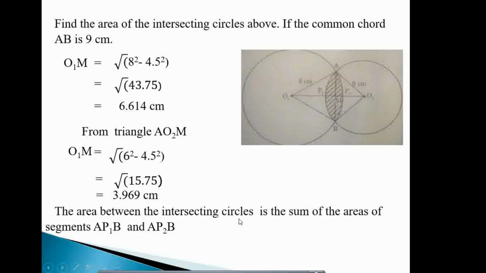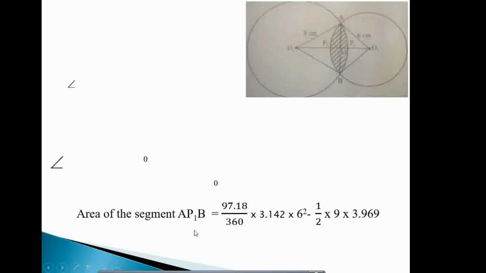Then the area of the intersecting region is the sum of the areas of the segments. So we are going to get the segments AP1B and AP2B. Then we'll be done with that. Now let's look at how we can obtain the area of the segments.